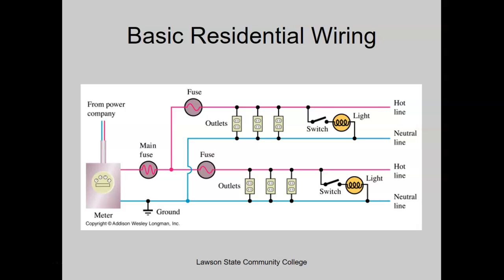Ground means that it can take excessive current and just feed it to ground and it's not going to damage anything. Okay? This is how we protect ourselves. And we don't use fuses anymore, do we? What do we use? Breakers. Why? Because breakers keep us safer.